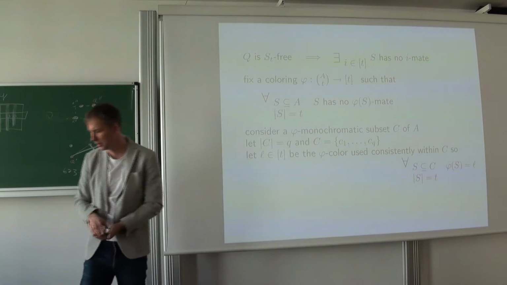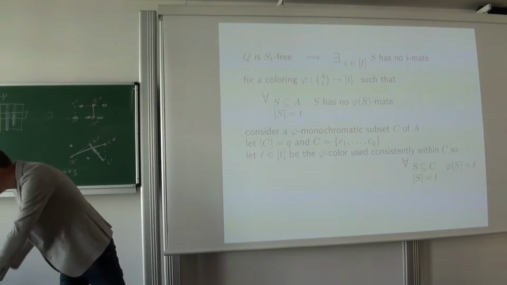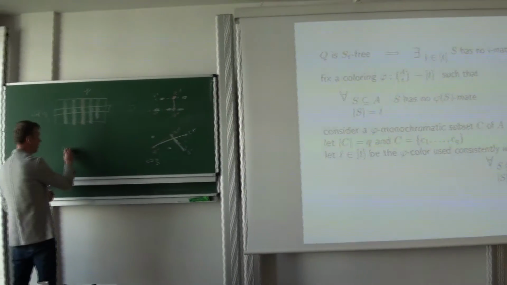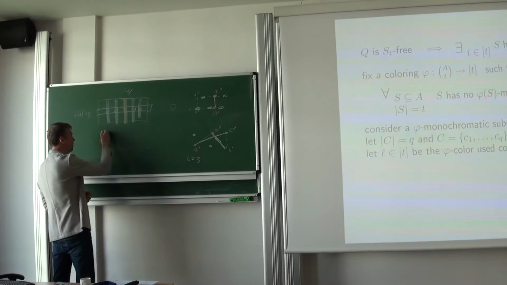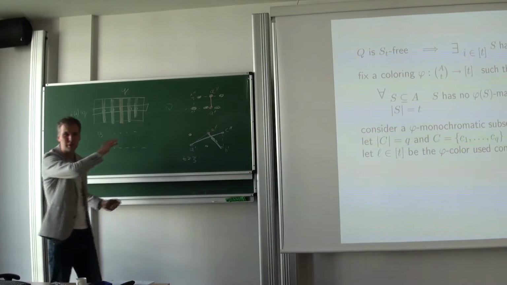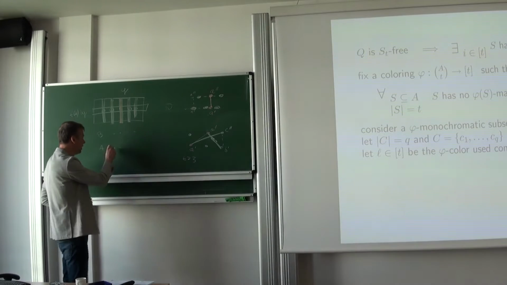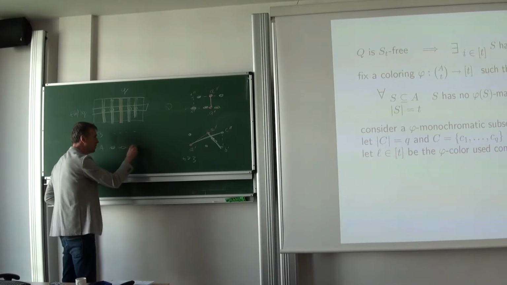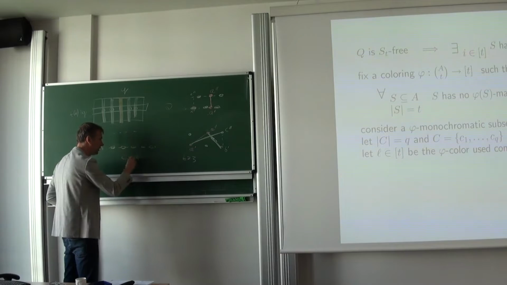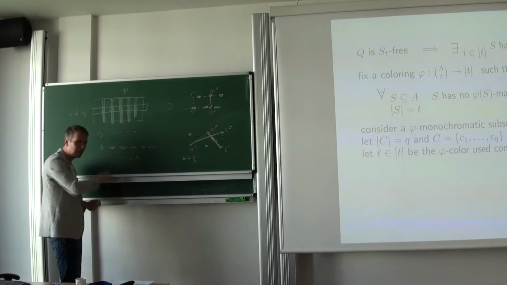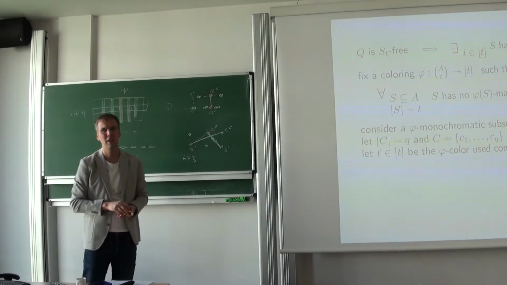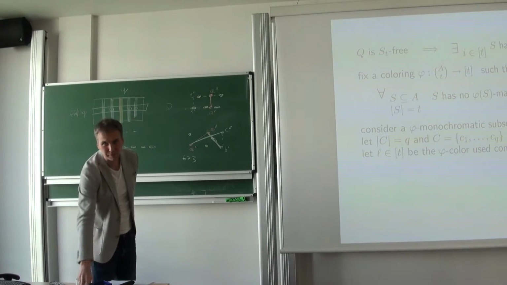Okay? Well, maybe some visualization. We have elements of A, we have elements of B. These elements of A were the subject of our coloring. And now we select some elements of A. This is C, a subset of A, such that every T subset of C has the same color, and the color is L. Okay?